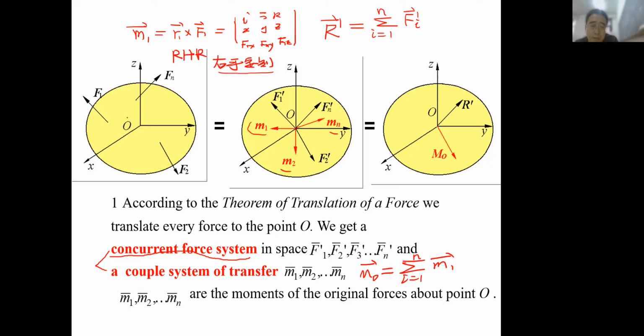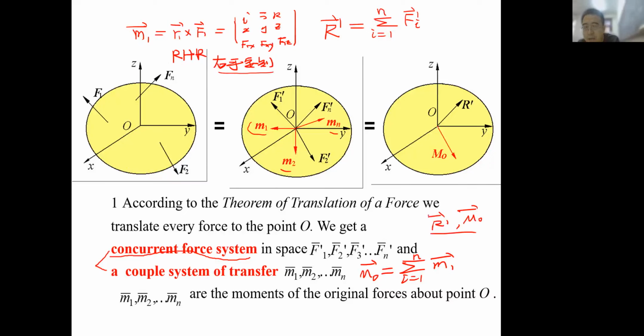You know, actually the couple also is a vector, because we have a vector cross product another vector, we will get another vector. So you see, that is how we reduce a force system in space into this one. Whatever your original force system is, the final result will just be R prime and MO.